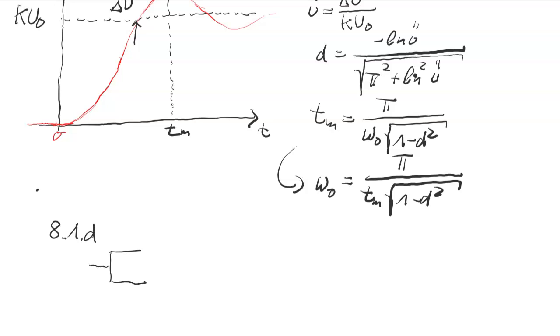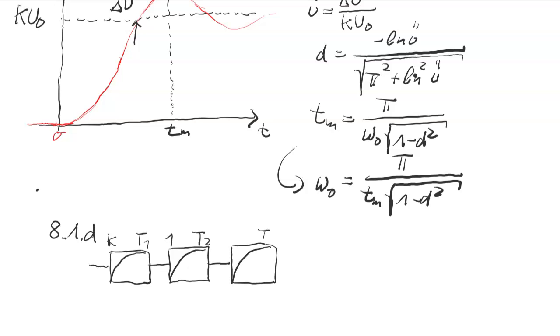So not only one PT1 as in case A with a K and a T1, but a second PT1 with gain 1 and a new time constant T2, and a third one T3, and a fourth one, and a fifth, and an unlimited number.